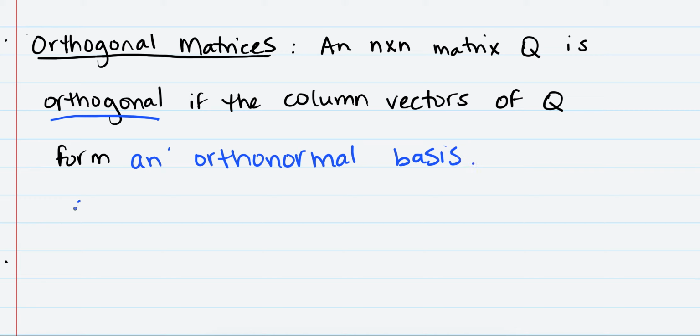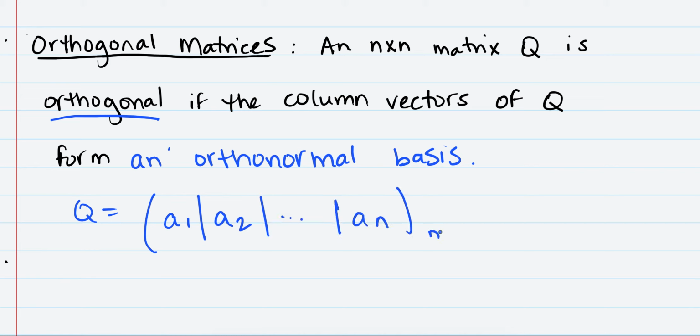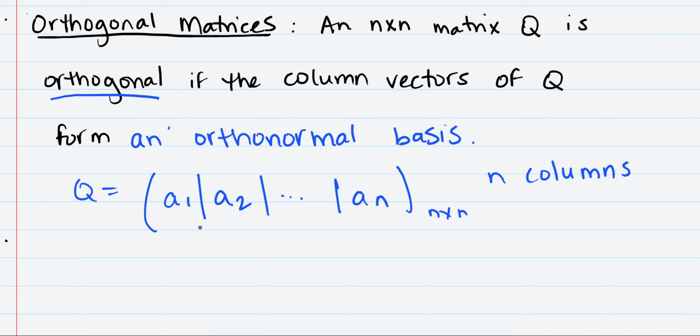So this matrix Q is n by n, so it's going to have n columns. And we want the inner product of these columns, Ai with Aj, to equal delta ij.